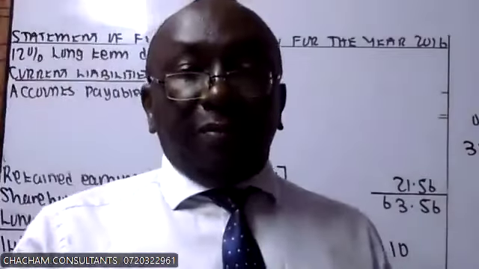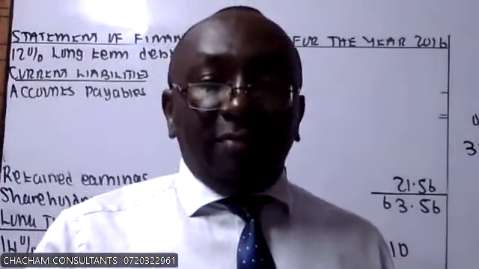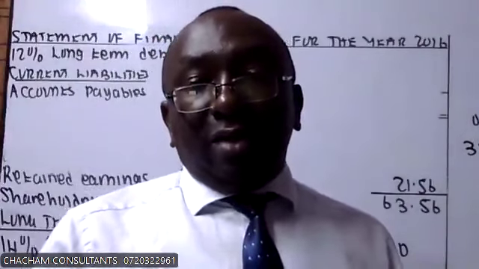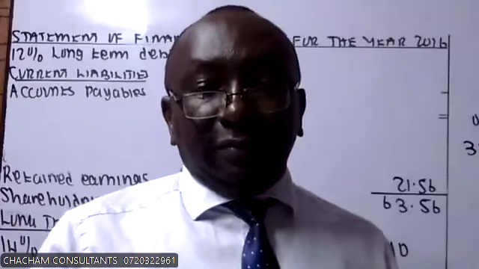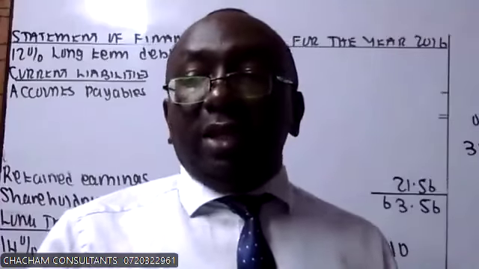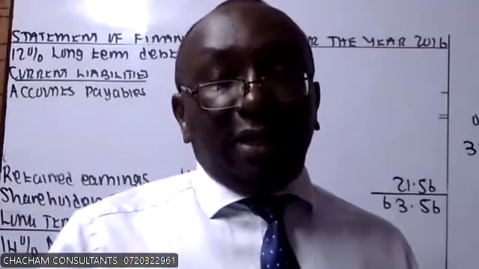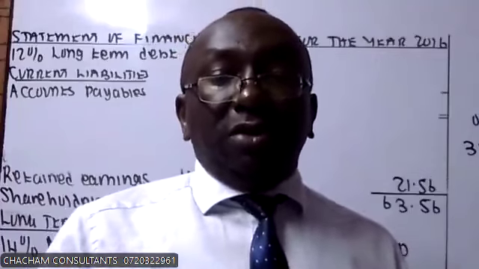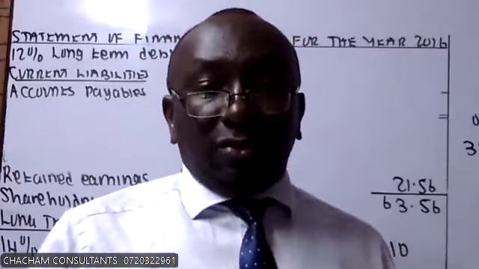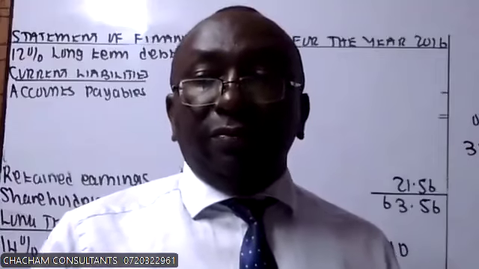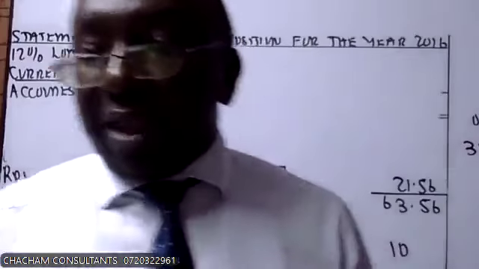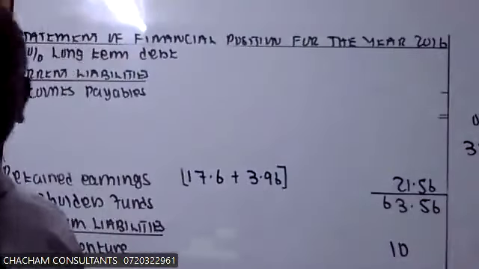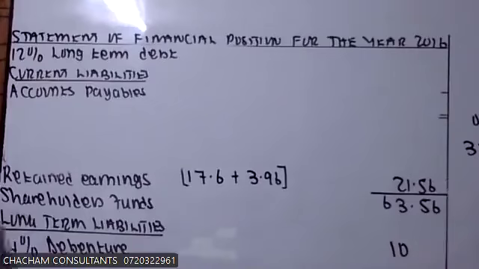We can either retain them the way they are, or we change them as the sales are changing. The most practical is to change them as the sales are changing, because they are related to sales. You cannot have receivables when you do not have payables. So with that understanding, we will take that currently we have 18.